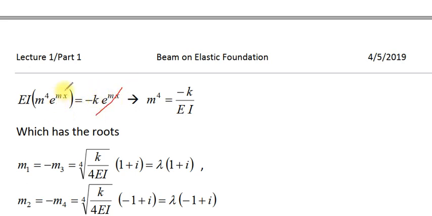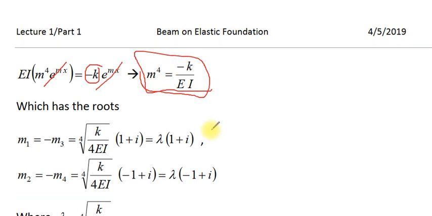Now e to the mx cancels, and m to the power 4 equal to minus k over EI. Divide the equation by EI and you will get m to the power 4 equal to minus k over EI.